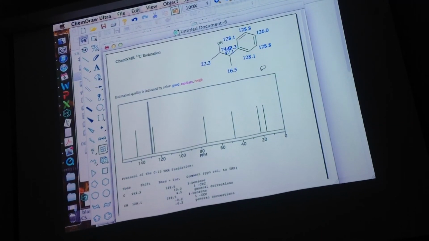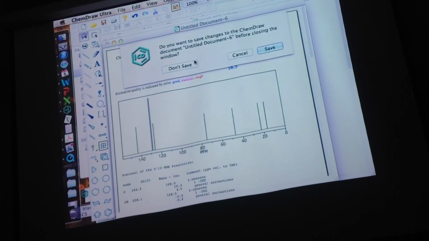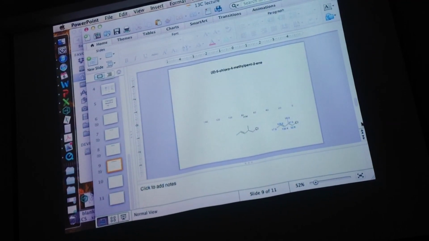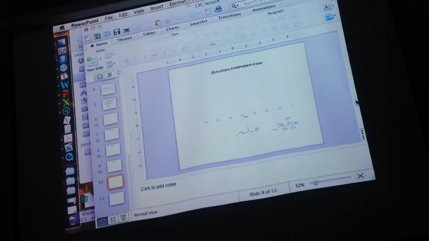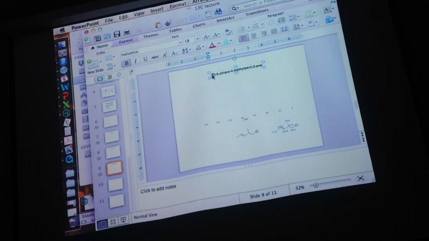Let's do our last one. Get rid of this. Hide this. I'll have to somehow make these darker. Okay. What if I could copy this?